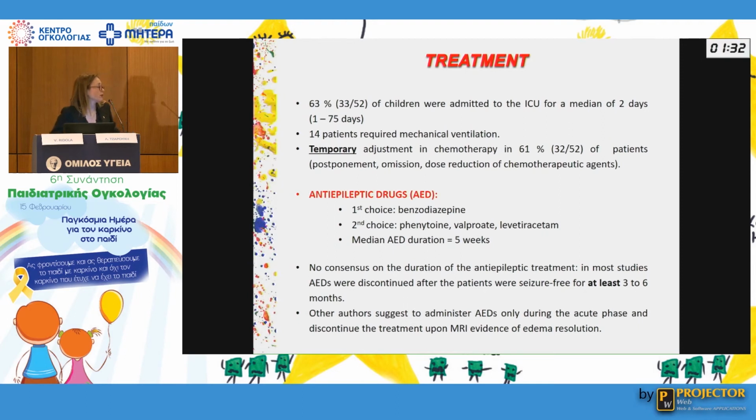Now, looking at the literature, we see there is no consensus on the duration of antiepileptic treatment. In most studies, antiepileptic drugs were stopped once the patient was seizure-free for at least 3 or 6 months. But other authors don't agree, and they suggest administering antiepileptic drugs only during the acute phase and discontinuing the treatment once the MRI evidence of edema has resolved.